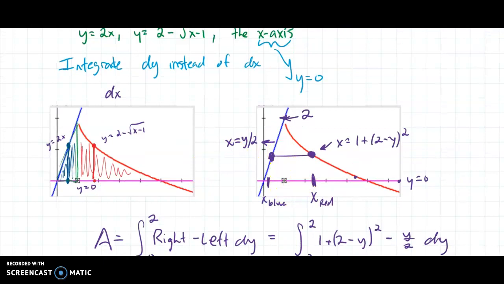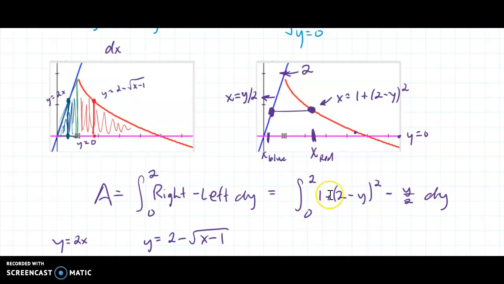I'm integrating dy, so my y values, I start at y equals 0, I go up to y equals 2. I need to have y's in here for my equations. If I have x's in here, then I can't integrate with respect to y because the x and the y are different variables. So one way to think about this, and this is a good way to think about it, is that I need y equations in here, because I'm integrating with respect to y. So we're going to solve these for x. And remember, I always do the right minus the left. Some people will flip that.